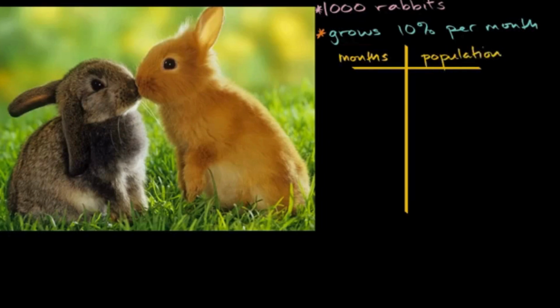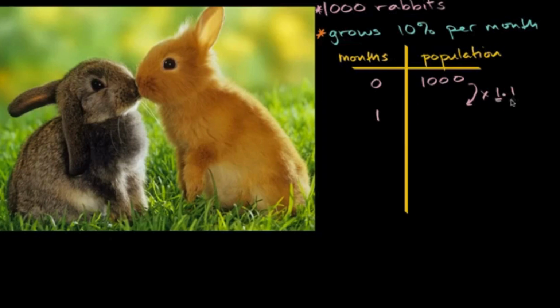And on the right column, let's say that this is the population. So we know from the information given to us that at 0 months, we're starting off with 1,000 rabbits. Now let's think about what's going to happen after 1 month. Well, our population is going to grow by 10%. So we could take our population at the beginning of the month, and growing by 10%, that's the same thing as multiplying by 1.1.